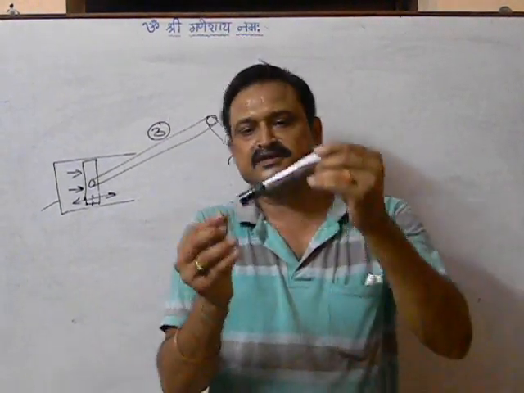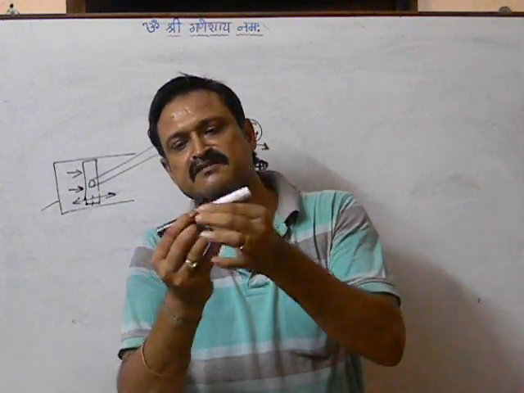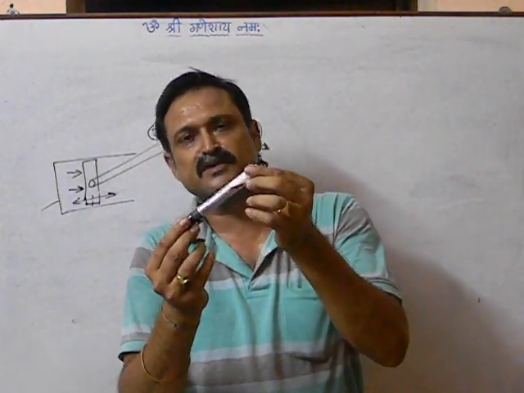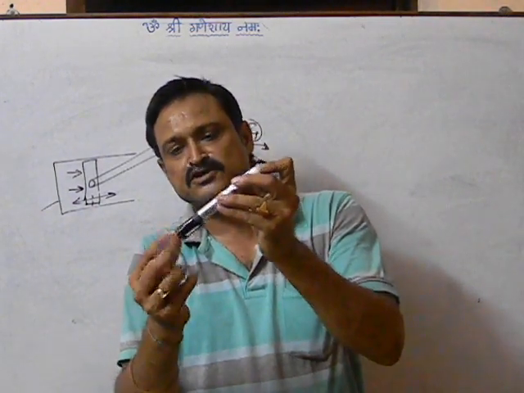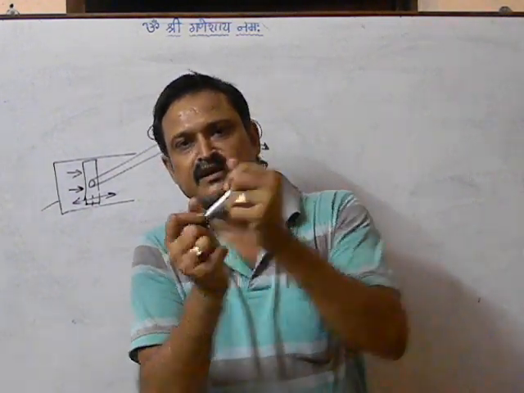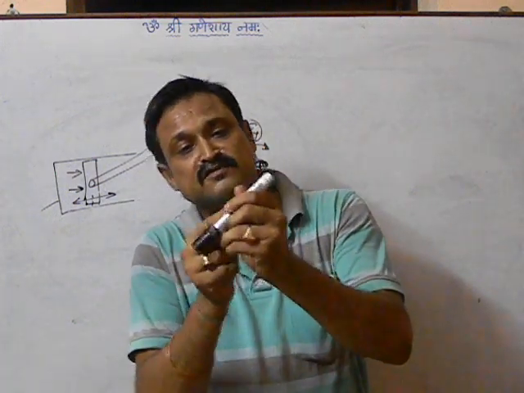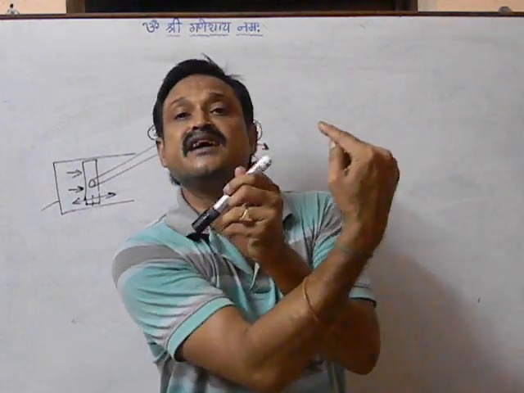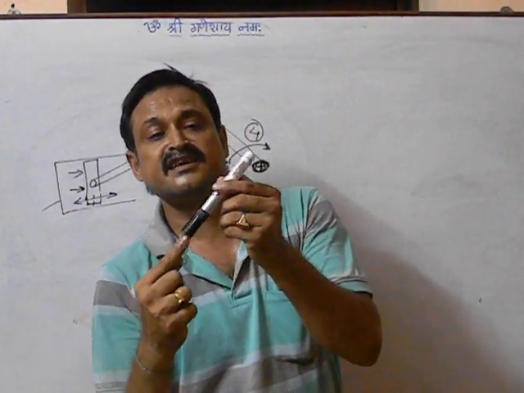Let us say I am applying some force, and instead of a very solid material, this is made of rubber. If I apply force, it is going to bend, right? So though this end moves, the other end will not have any motion until and unless this entire body is a rigid body.